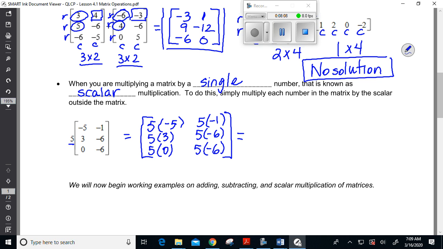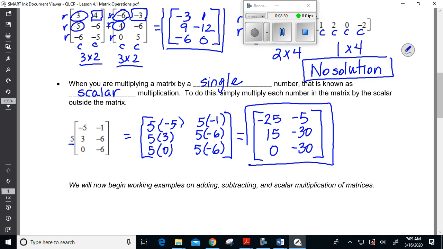Would I necessarily expect you to show this work? No, but of course you should always be covering your own behind with regards to doing your mathematical work. And this is what you end up with as the answer. So scalar multiplication is fairly easy. You're simply distributing the number outside into the actual matrix.